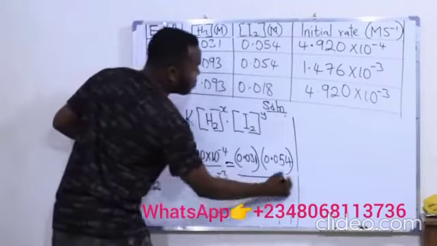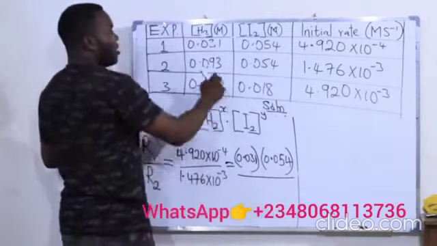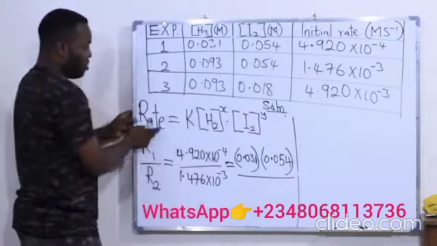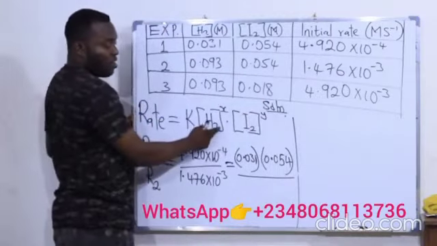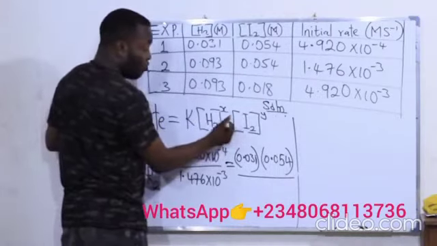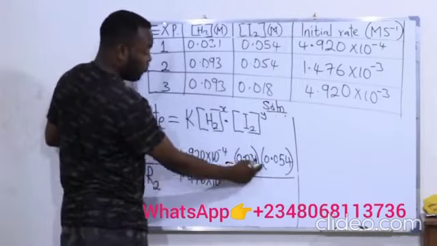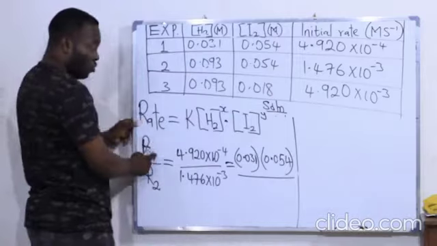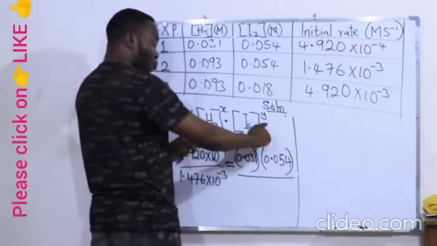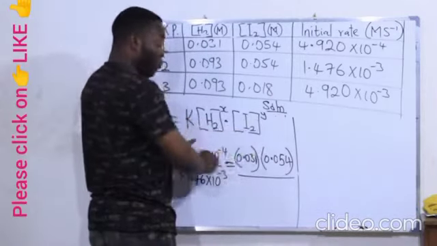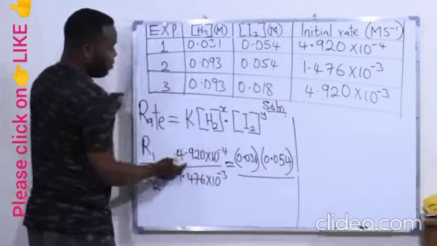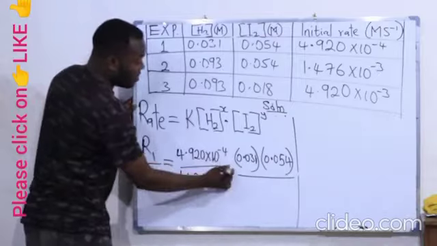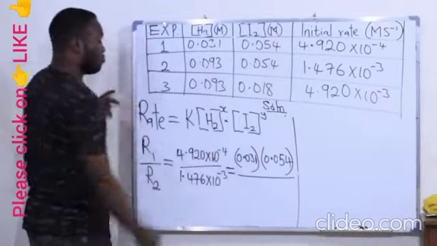Divided by, I did this over this, so I'm doing this over this. Remember, it is rate equals concentration of H times concentration of I. This is concentration of H, this is concentration of iodine. So if I do rate 1 over rate 2, I will do concentrations 1 over concentrations 2. I know that my K will cancel out, so I'm not bringing in K. Even if I bring it in, it will still cancel out.